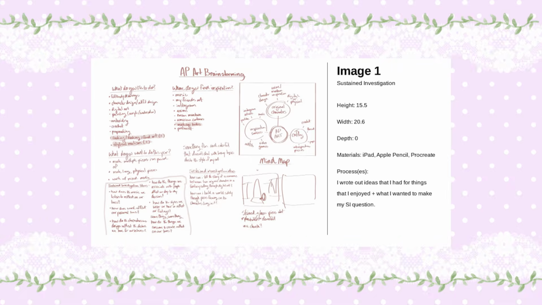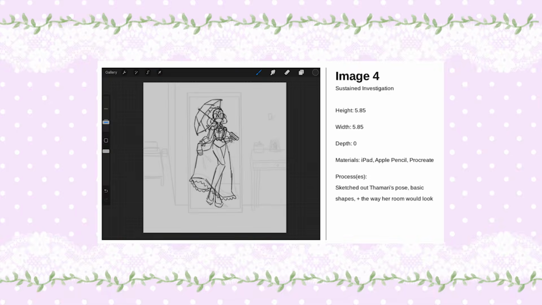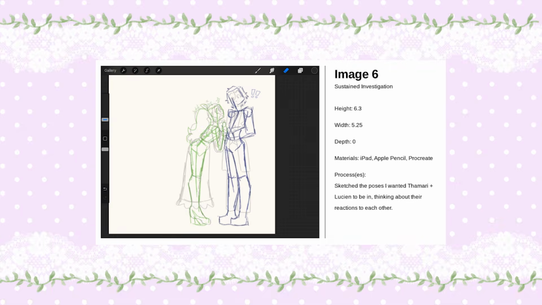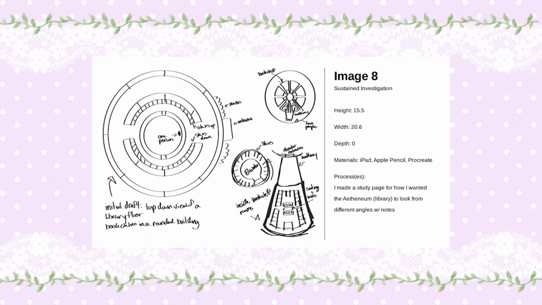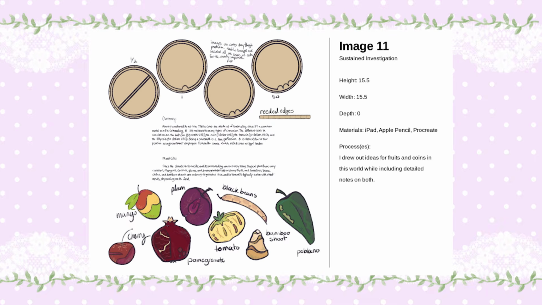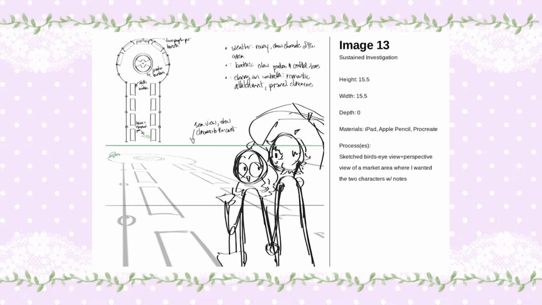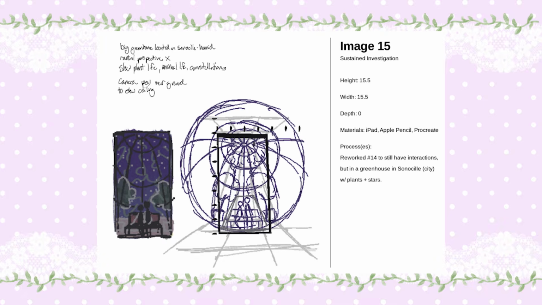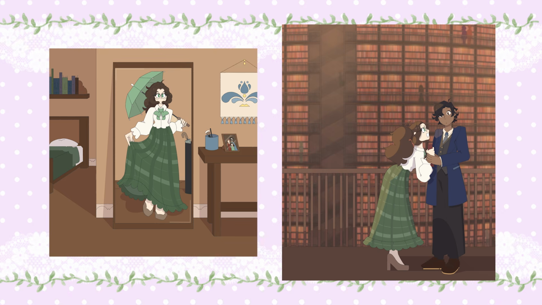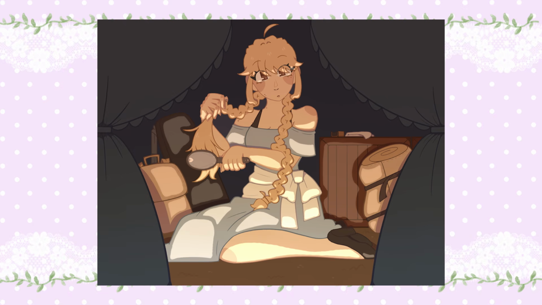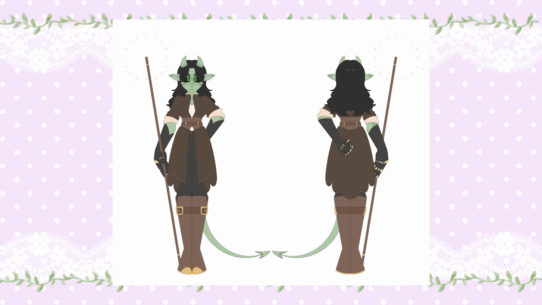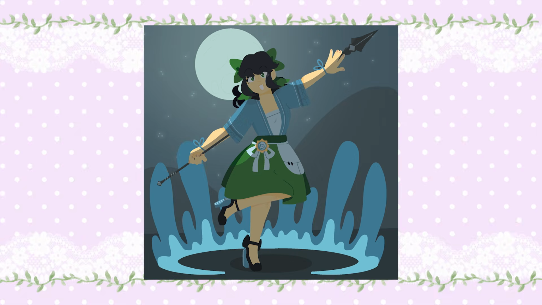I'll show them all in order here so you can see what I'm talking about. As you're looking at that, you can see that there's a section for processes on the right. This is for you to talk really briefly about the technical stuff you did, which I'll talk about more in a bit. For my selected works, I had my 2 finished pieces for my SI, and then the piece I did for VASE about my Baldur's Gate OC, as well as a reference for my other Baldur's Gate OC, and finally a piece of my Genshin OC from like 2022.